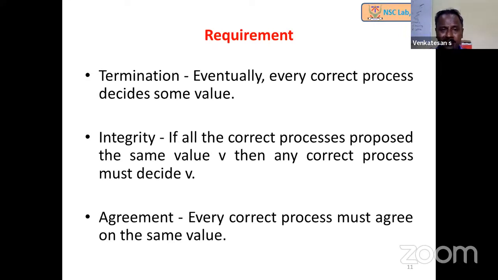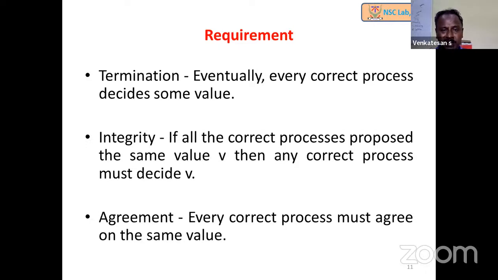To reach the consensus, the first requirement is termination. Every correct process, whatever nodes are running in the network, all the right or genuine nodes decide on some value.